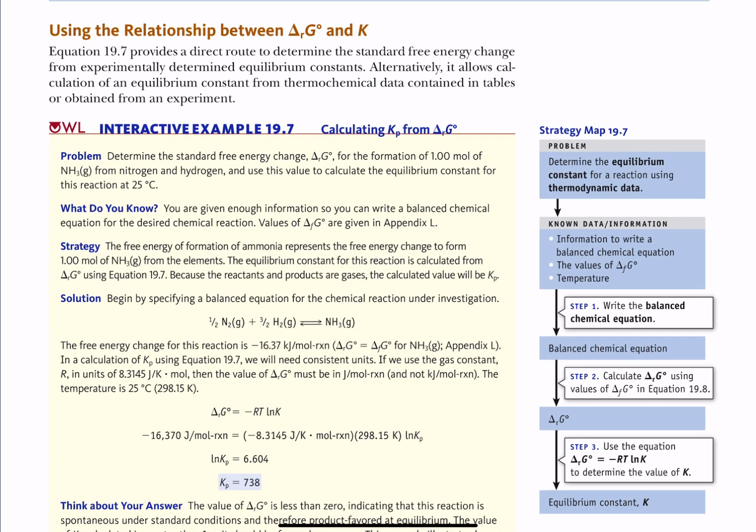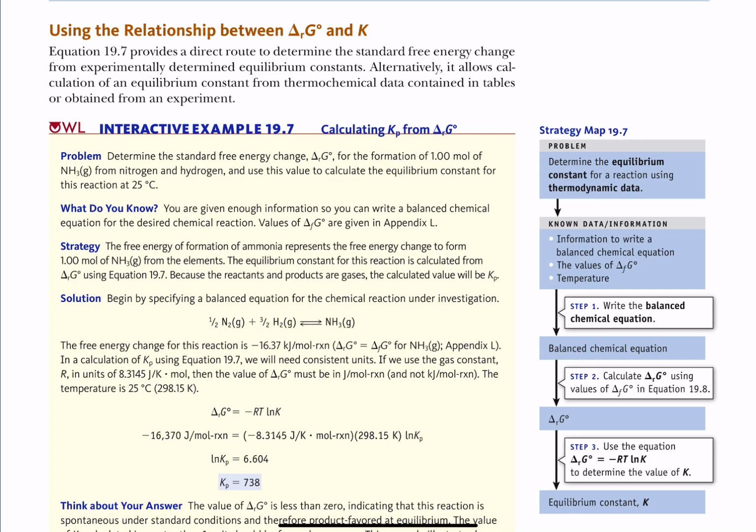Now, the last main idea in this chapter, and an example of a problem, is relating delta G to your equilibrium constant. Before I do that, let me review. You can find delta G at least 3 different ways. You can find delta G by just looking the value up in a chart.